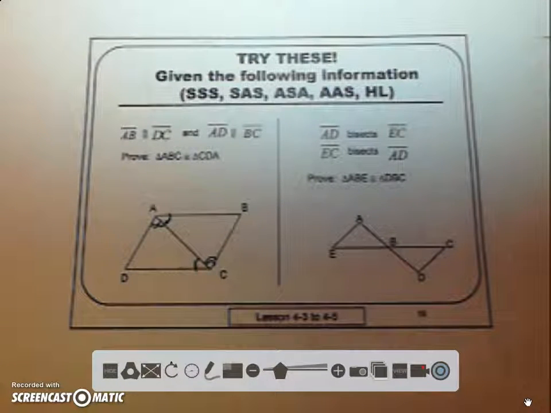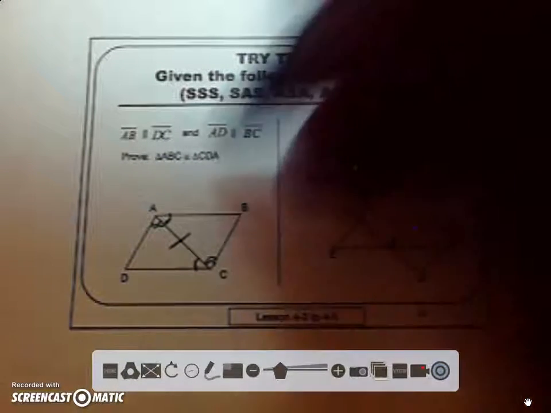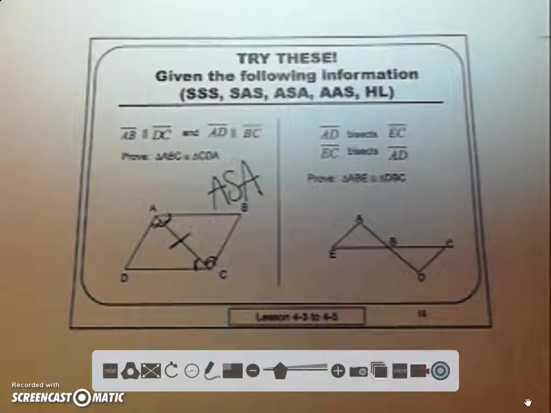Okay, so there's our two sets of angles that are congruent. Again, on your practice today, these angles will already be marked for you. Then we have a reflexive side in the middle. So by this property, we should have angle, side, angle based on our labeling.